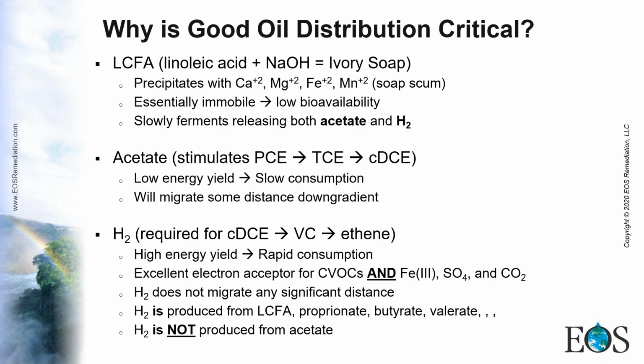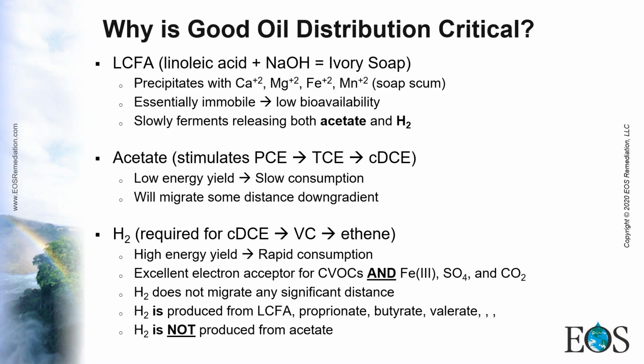Now, in theory, you can actually sort of drive the reaction backwards and produce hydrogen from acetate. In reality, that really does not happen. You have to have very, very strongly reducing conditions, and it's not going to happen.